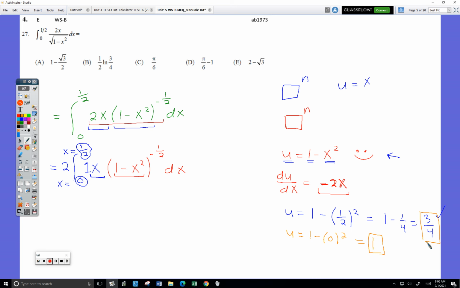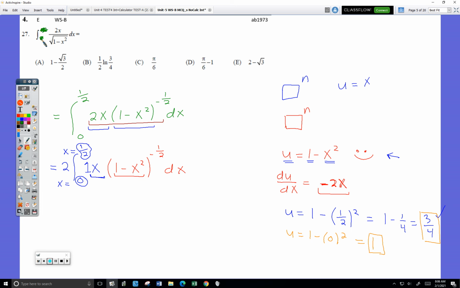Okay, summarizing again. We started this unit with the idea that if you see this with no limits, that means we're supposed to be finding an antiderivative. And we practiced that on the buff sheet. And on the buff sheet, we practiced using a u substitution.